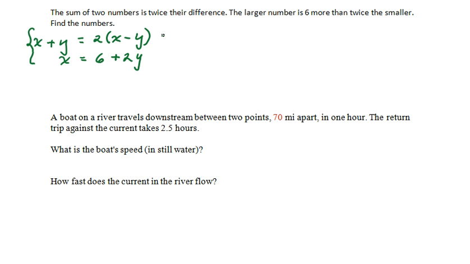We can simplify the first equation to get x plus y equals 2x minus 2y. This is equivalent to x equals 3y.